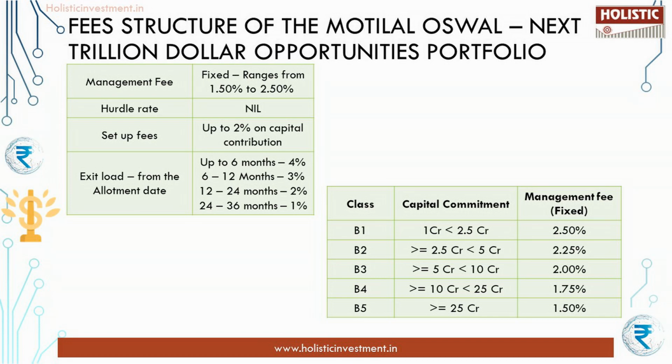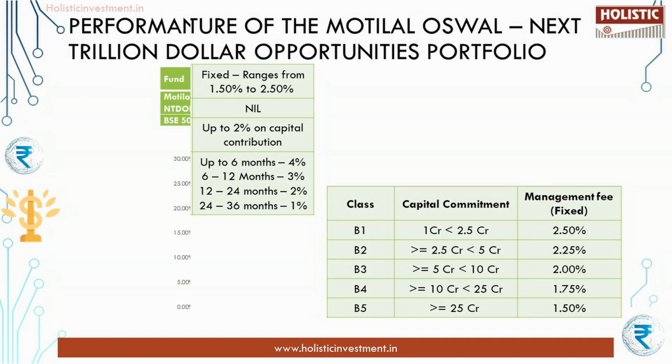Since Motilal Oswal NTDOP has no hurdle rate, the fund manager will continue to deduct the carry fee regardless of whether the fund generates a 2% return or a 12% return. In this context, the zero asset management fee may not be as attractive as it looks.